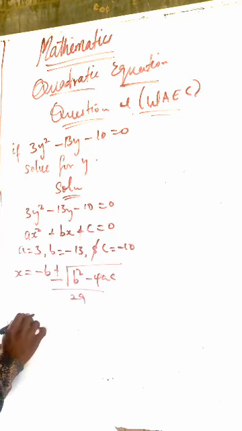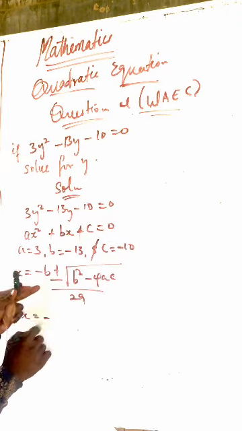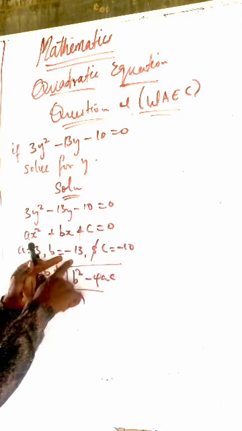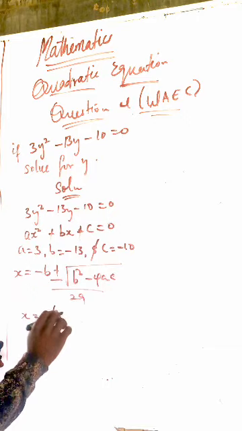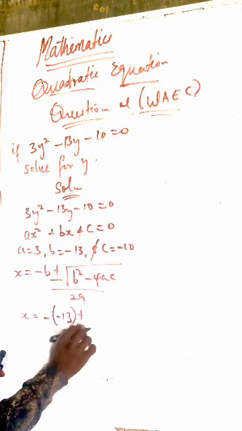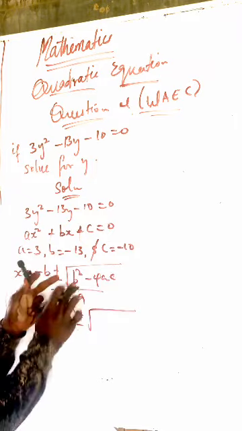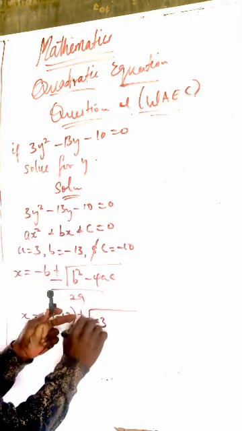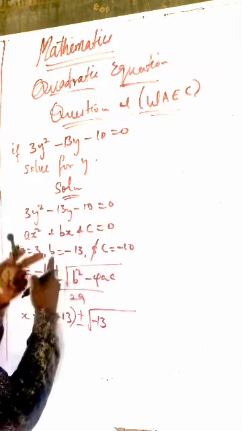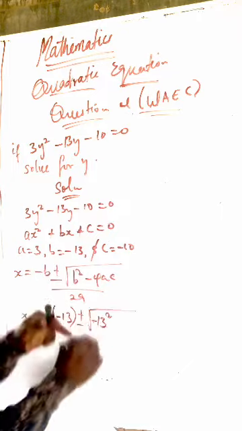So x equals minus b, and instead of b I put minus 13, so I have minus of minus 13, plus or minus the square root of b squared, which is minus 13 squared. Don't forget to put the square.